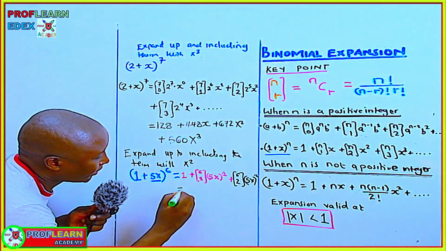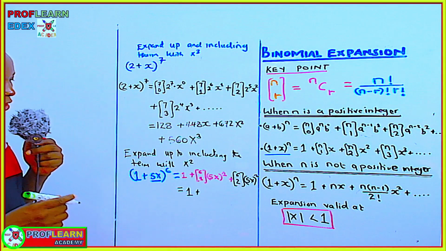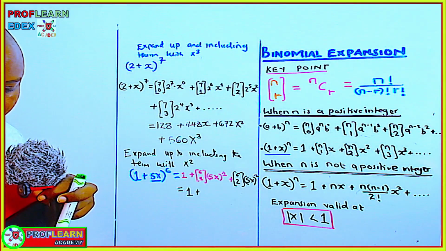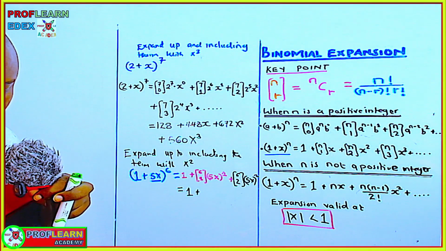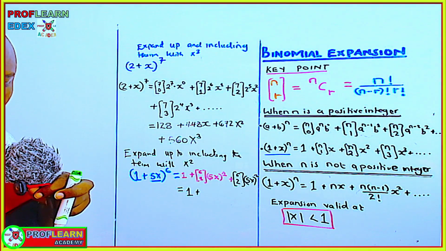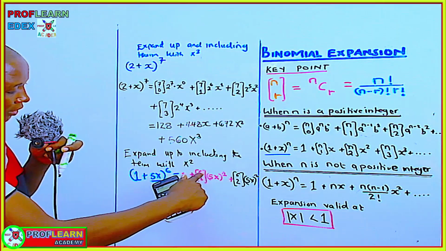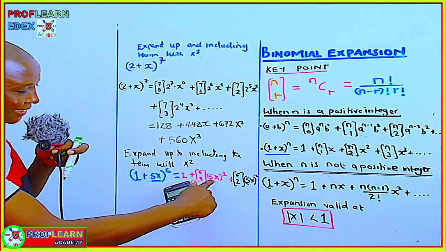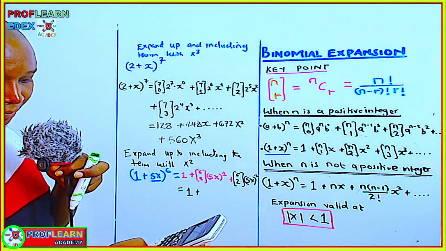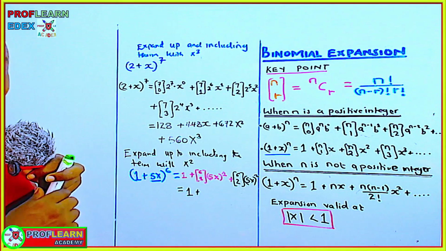Then we need to go and simplify. This will be 1 plus 6 combination 1, then we're going to multiply that, because you can see here we are having a 5. 6 combination 1, we get the answer, then times 5, because there was a 5 there. If you multiply that, you are going to get 30.